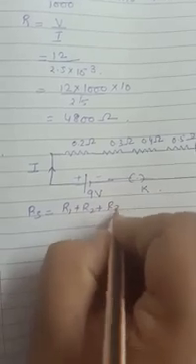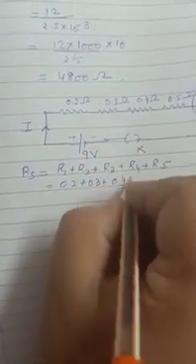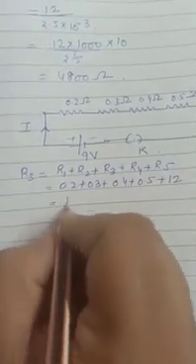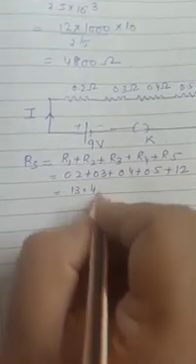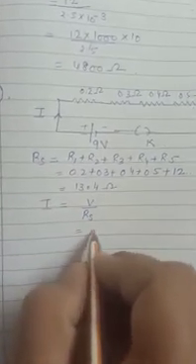So RS will be equal to R1 plus R2 plus R3 plus R4 plus R5, that is 0.2 plus 0.3, 0.4, 0.5 plus 12. This becomes 13.4 ohm. Now current through the circuit is equal to I is equal to V by RS.